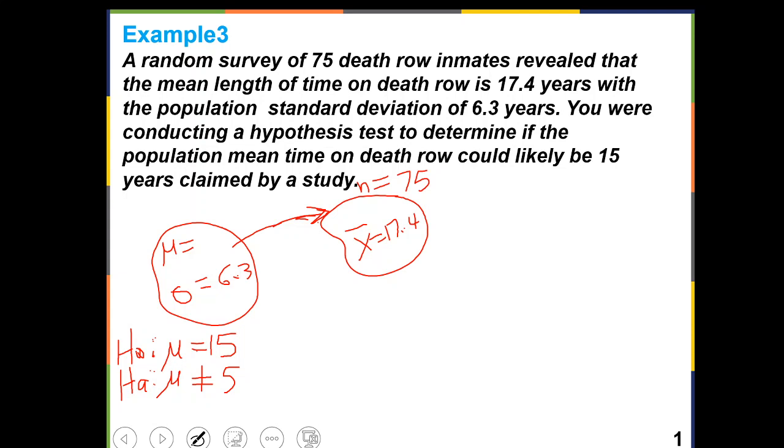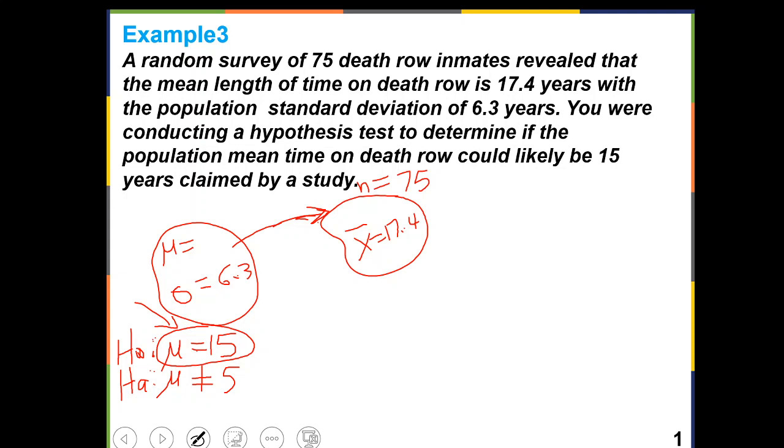So we were going to test whether mu is 15 or not. So the way we do it is we take a sample and we see if we have evidence against this claim, right? So do we have evidence against it? Well, our sample says that the mean is 17.4.